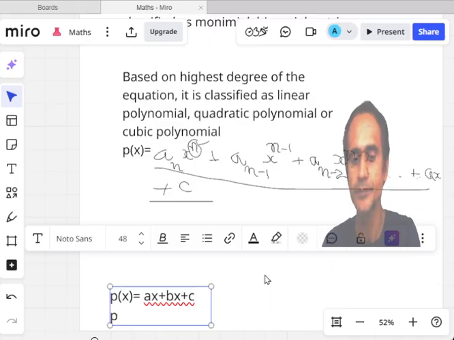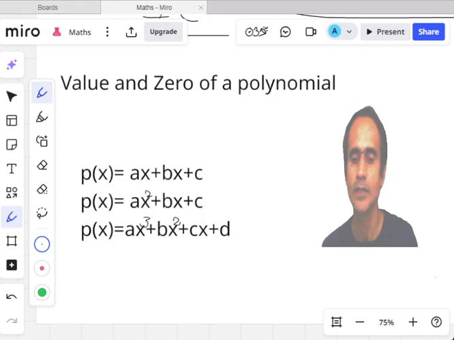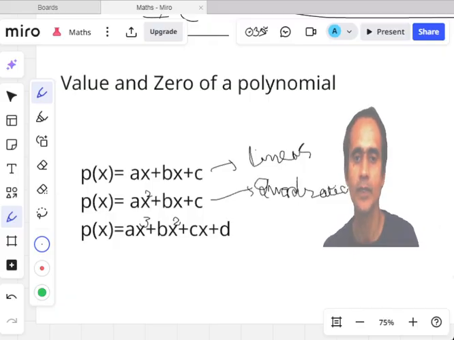Let us take this a linear polynomial, and this one quadratic polynomial, and this one is our cubic polynomial.